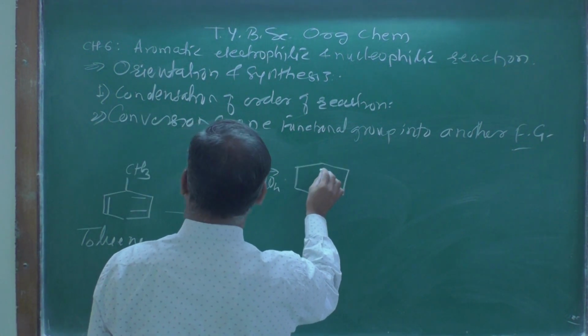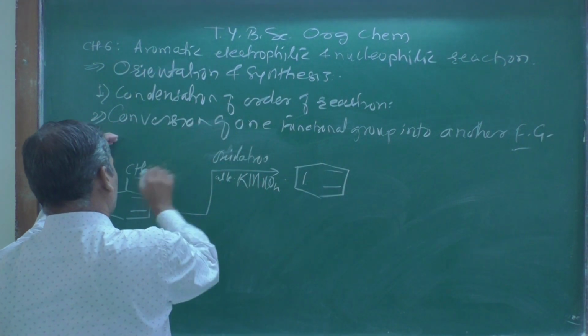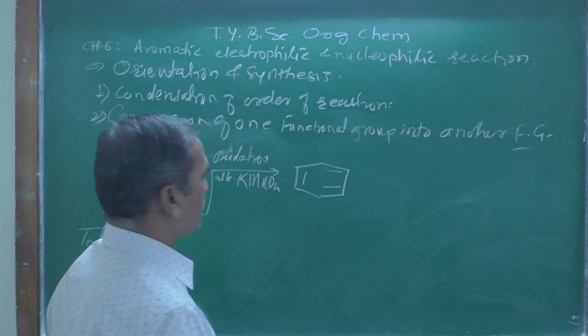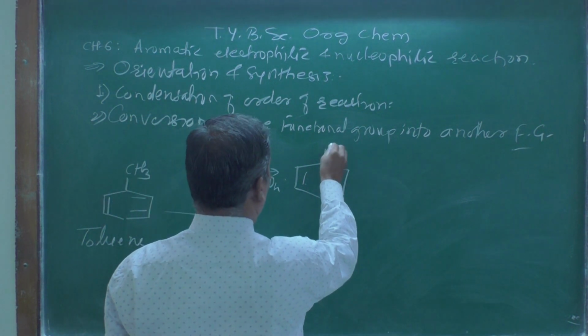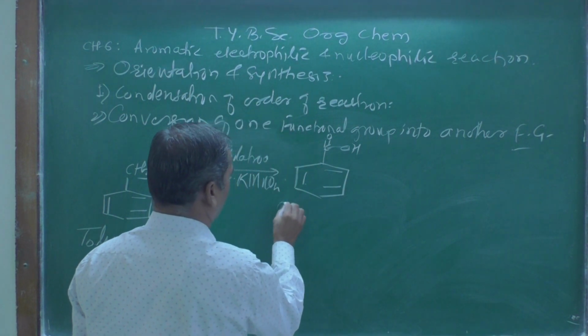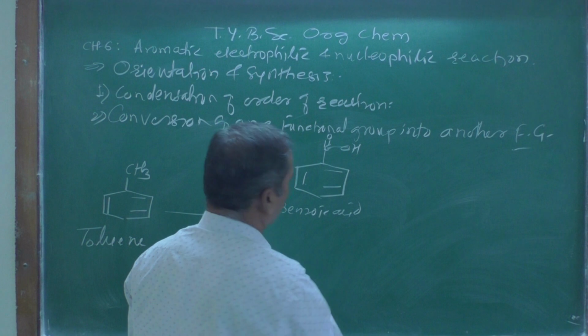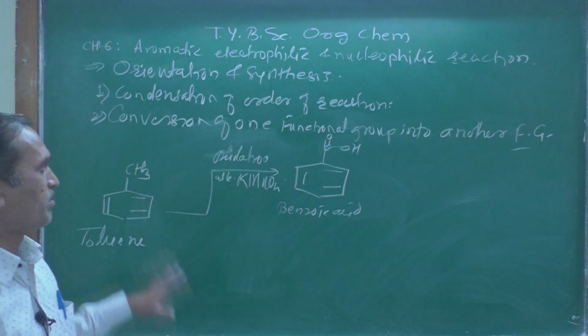So what is happening here? This methyl group, a hydrocarbon group, is converted into this one, and this is known as benzoic acid, right? Why did we get benzoic acid?